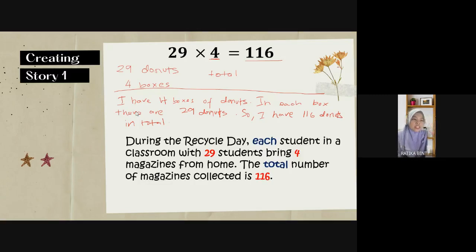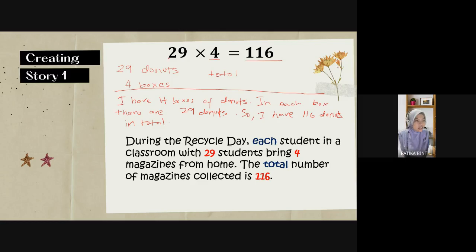Okay, during the recycle day, each student in a classroom with 29 students bring 4 magazines from home. It means that student number 1 bring 4 magazine, student number 2 bring 4, student number 3 also bring 4, student number 4 bring 4, and so on. Okay. The total number of magazine collected is 116.